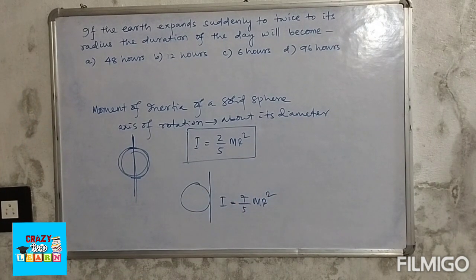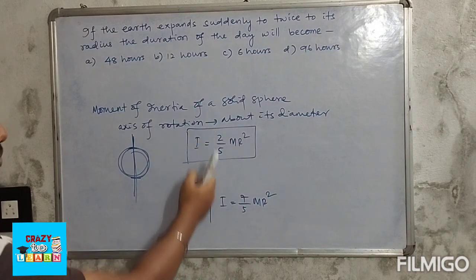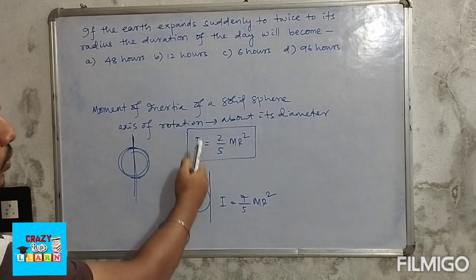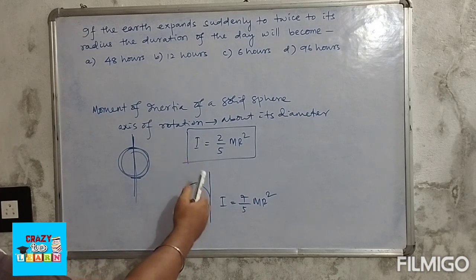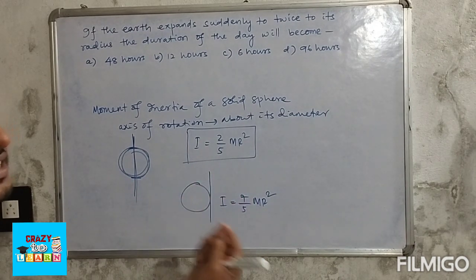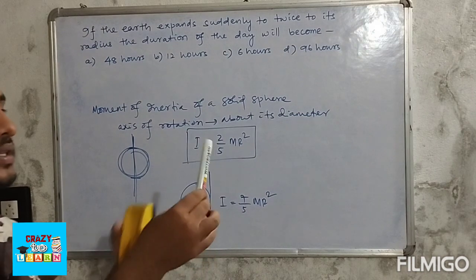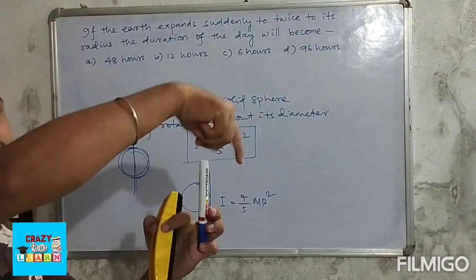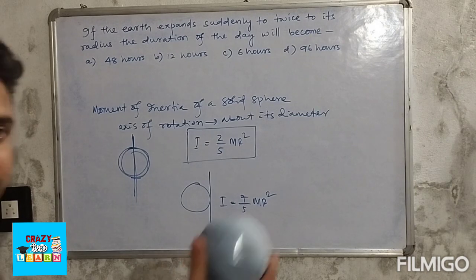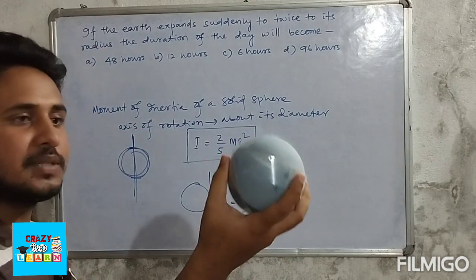But if you get a problem where the solid sphere is given to you and the axis of rotation is one of its tangents, that means the sphere is rotating about its tangent, then, just think, this is the solid sphere.